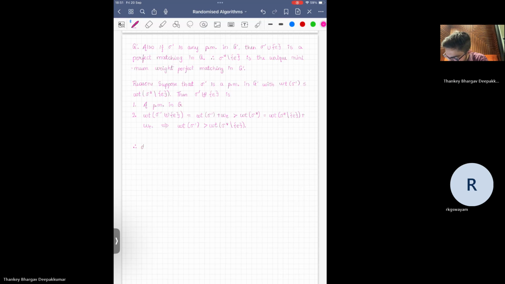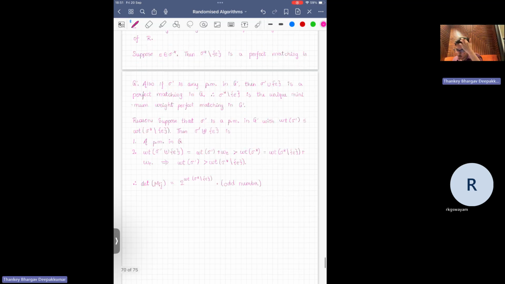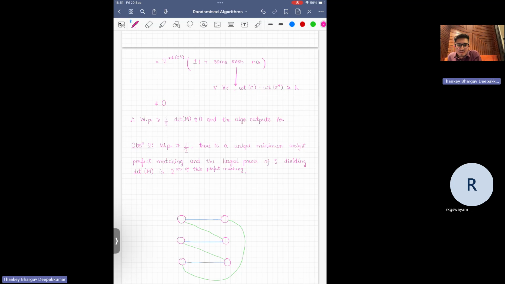Therefore, the determinant of Mij, what does this look like? This looks like 2 to the weight of sigma star minus E times an odd number. Because in observation 2, we saw that if a unique minimum weight perfect matching exists, then the largest power of 2 dividing the determinant is 2 to the weight of that unique minimum perfect matching.